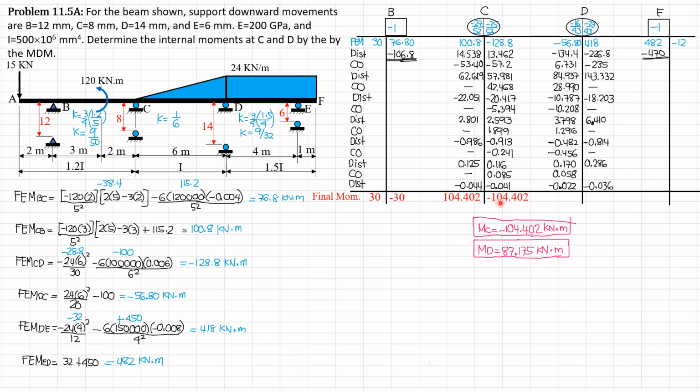Then negative 104.402, they are numerically equal, so that means the tabulation is correct. Then here, negative 87.175, here 87.175 as compared to 87.187 in both methods, three-moment equation and slope deflection equation.